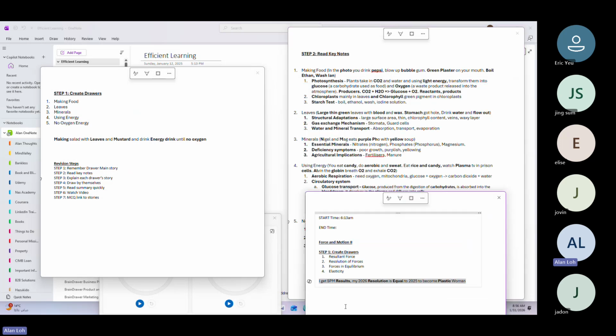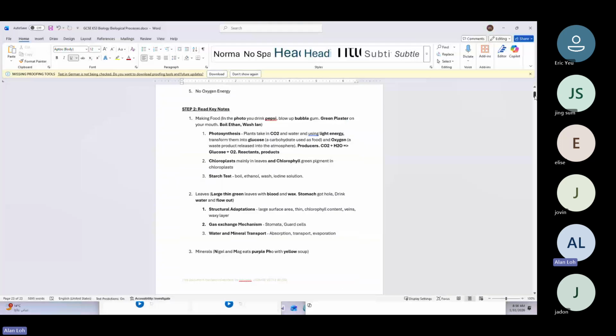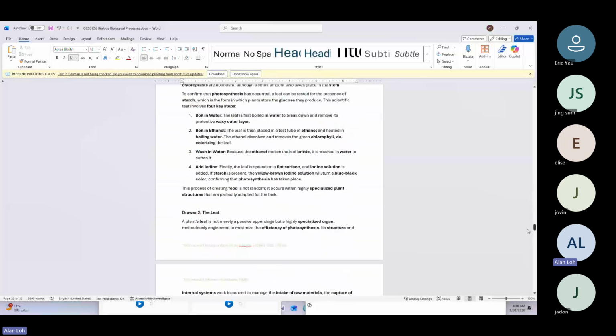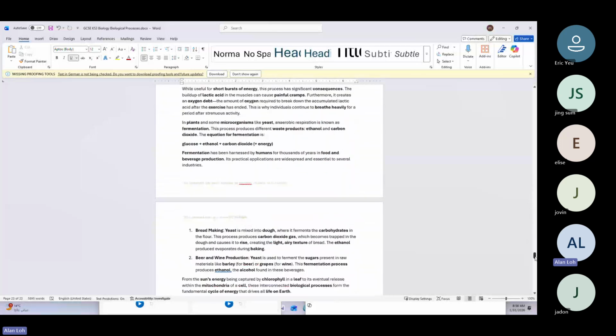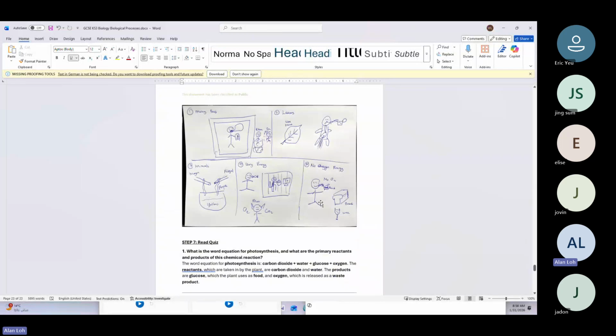Where is the drawer? Where's the story? Yep, create story. Yep, this is the story.